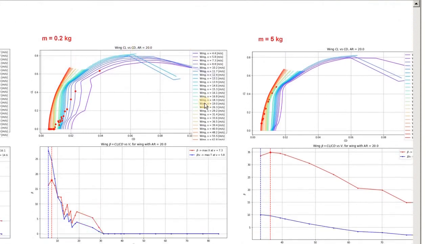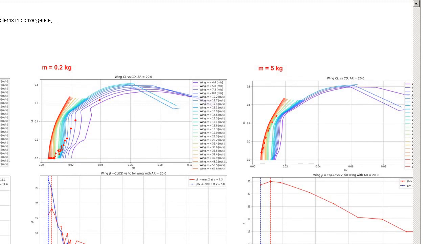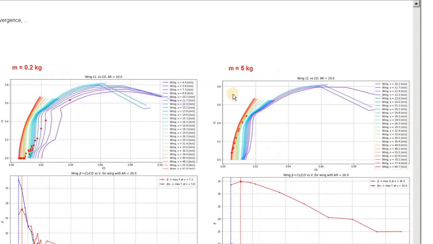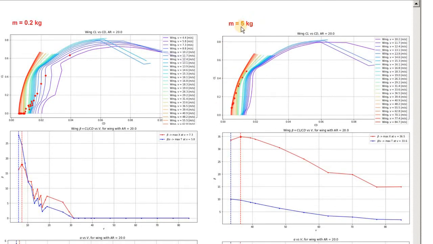Okay, if you increase the mass, make it too high, say 5 kilograms, the only way this plane can fly is to go very fast. So you have to go fast, so you don't even touch those curves with the small speed. Those curves are completely out of the picture, and you just stay here at high Reynolds number and high speed.